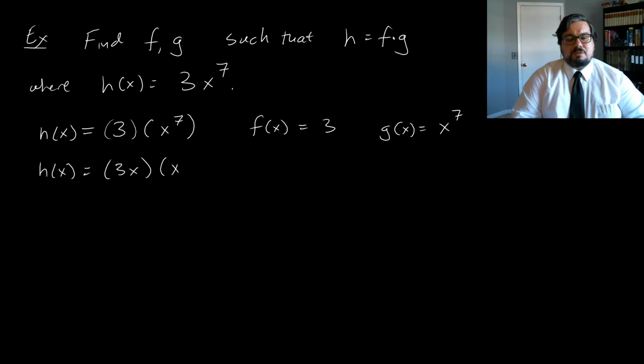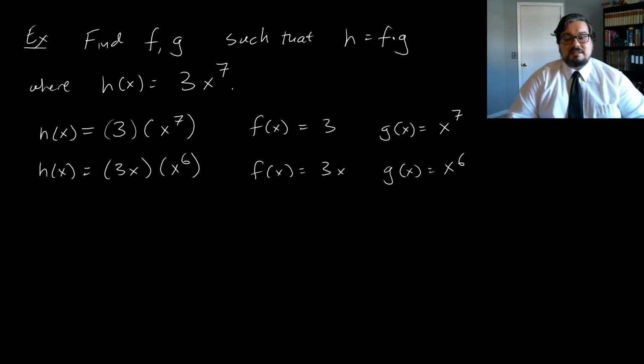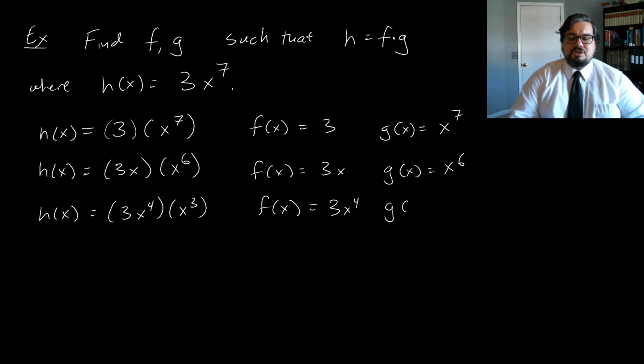We could write it as 3x times x to the 6th, in which case f of x could equal 3x, and g of x could equal x to the 6th. This is also a perfectly good way of writing down the function h as a product of two functions f and g. There are lots of other ways that we can do it as well. Of course, 3x to the 4th times x cubed, so we could have f of x be 3x to the 4th, and g of x be x cubed.